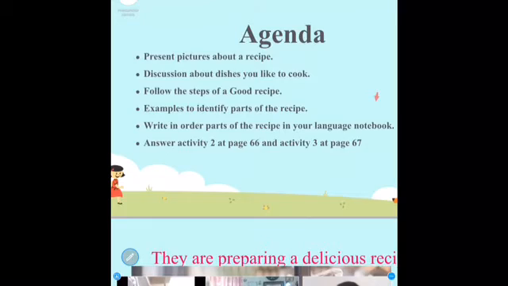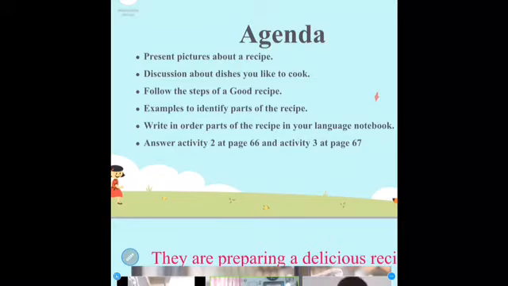What is our agenda for today? Present pictures about a recipe. Discussion about dishes you like to cook.